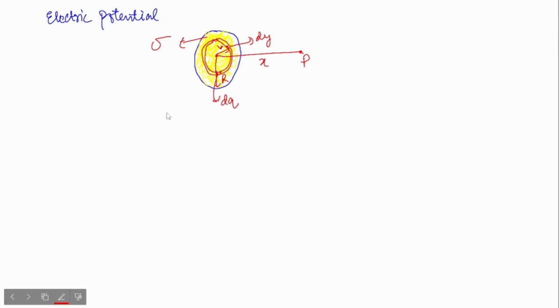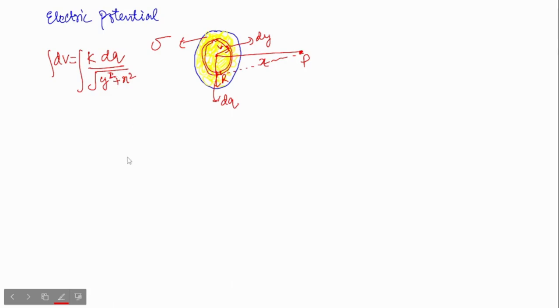So electric potential due to this charge at this point P, let's say it is dV. dV will be K dq upon that distance, which is actually under root of y square plus x square. This is an elemental potential.